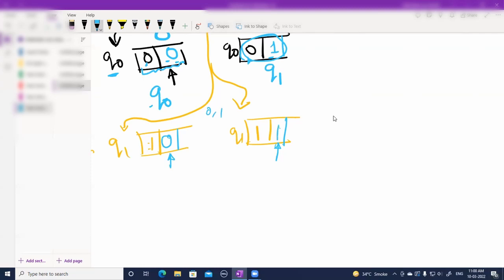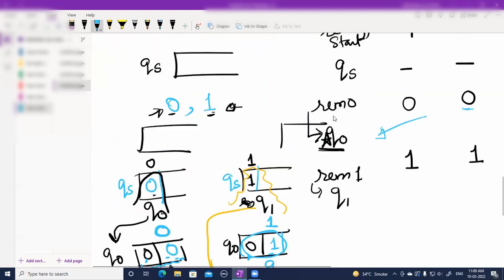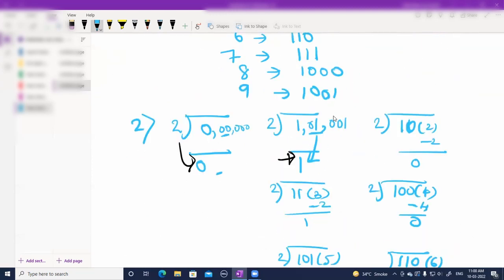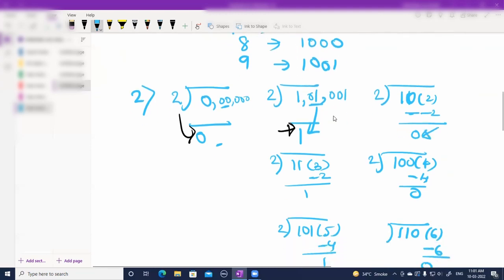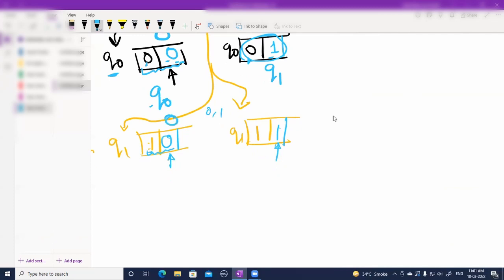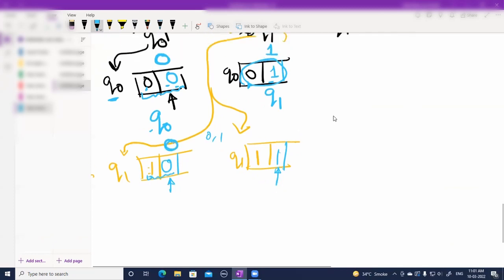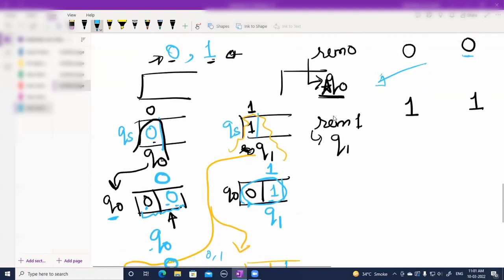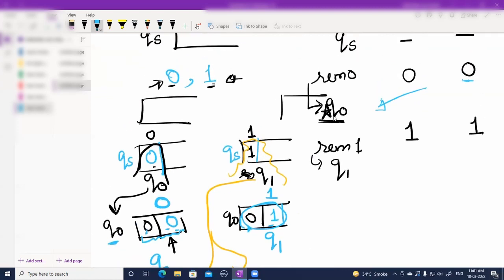If we combine the current bit 0 with the previous bit 1, it will make the number 10. What is number 10? The number 10 is nothing but the number 2. What was the output of number 2? Number 2 generates the remainder 0. Have we already considered a state that generates the remainder 0? We had already considered the state whose remainder is 0, that is Q0.